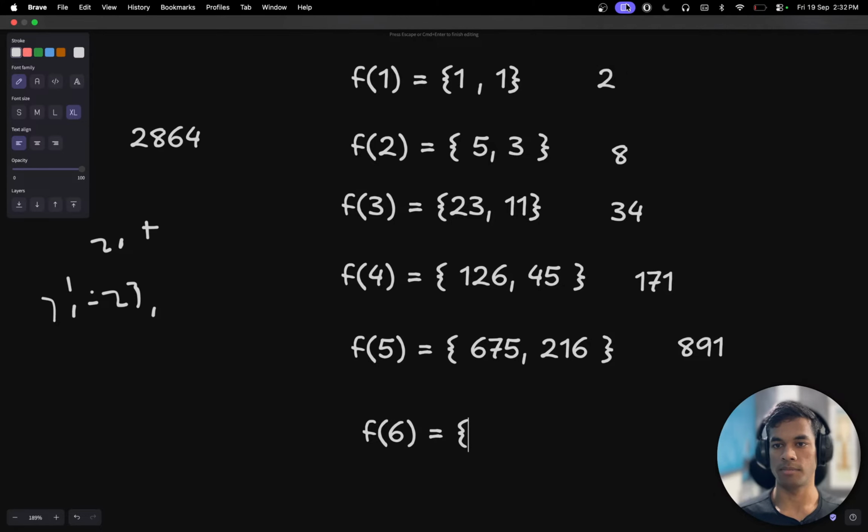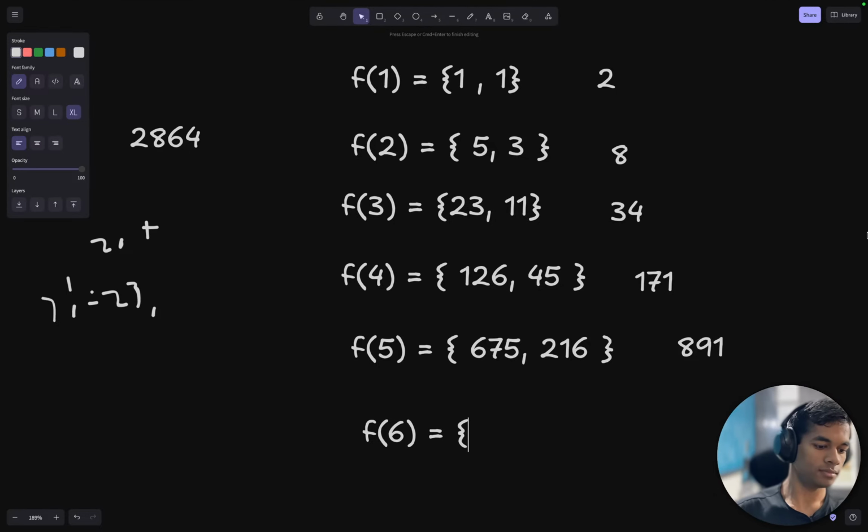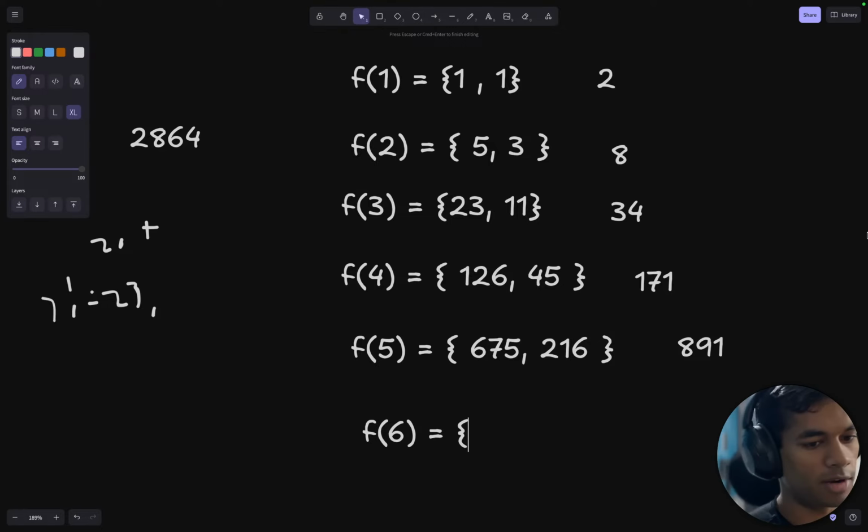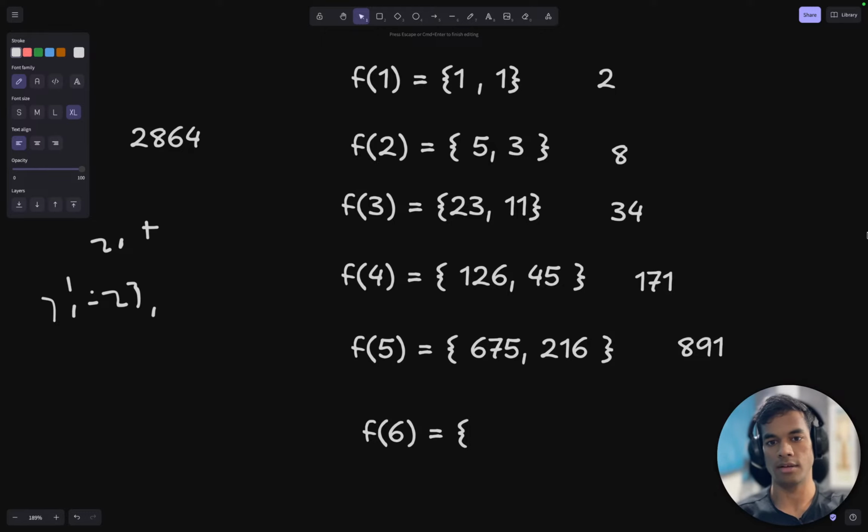Laptop is going to die. 675 multiplied by 5. That is way over the limit already. I messed up. Why was I multiplying by 5?